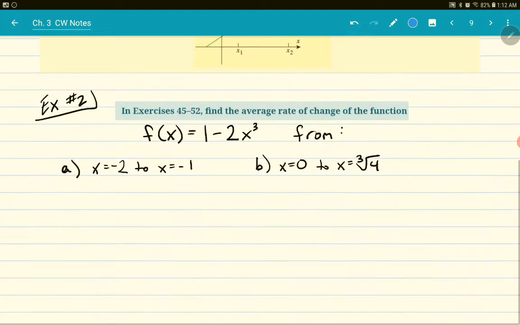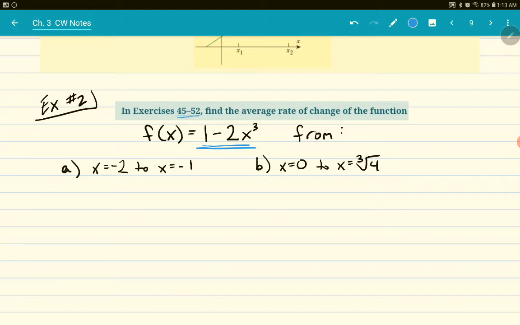So here is an example similar to our homework problems from 45 to 52, where we have to find the average rate of change of this function and we have two different parts, a and b. So looking at a first, here's my function, 1 minus 2x cubed.